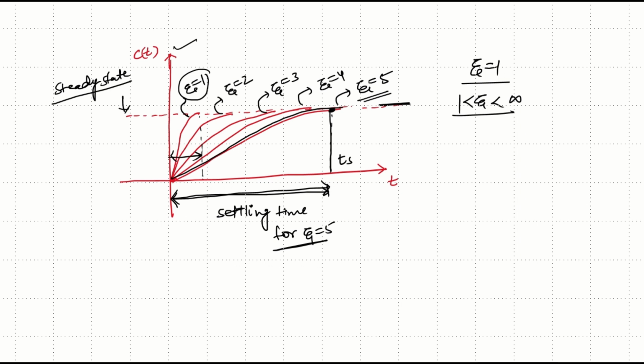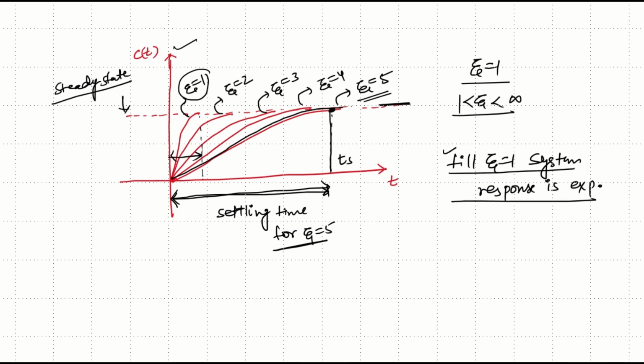Now after this value, zeta equal to 1, if we further reduce the value of zeta, the system starts oscillating. So till zeta equal to 1, the system response is exponential. And after this, when we further reduce zeta, the system starts oscillating.